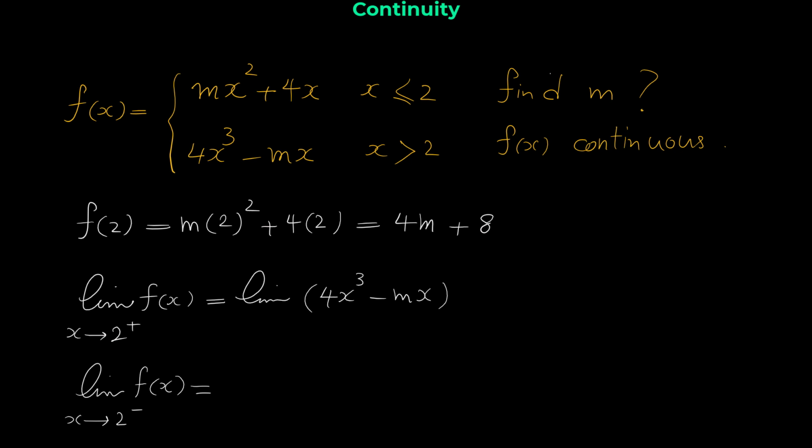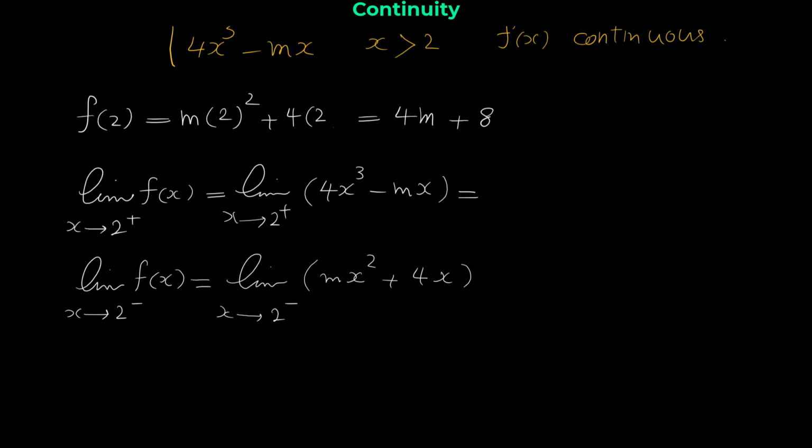But for finding the limit from the left, we are going to use the first equation, mx squared plus 4x. If you simply plug in 2 for x in the second, 2 cubed is 8 times 4 is 32 minus 2m. For the other limit, if you simply substitute 2 for x, it is 4m plus 8.